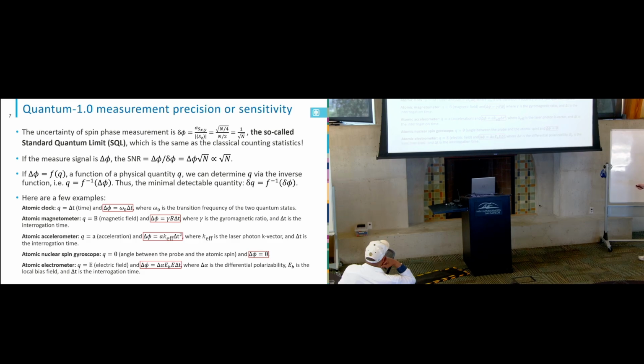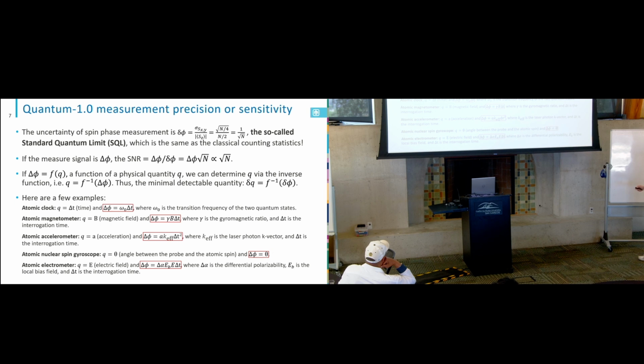But the phase is actually proportional to time squared. And that's simply, when we talk about the displacement or the movement in distance with the acceleration A, it is proportional to t squared. So that's how we get the phase there.